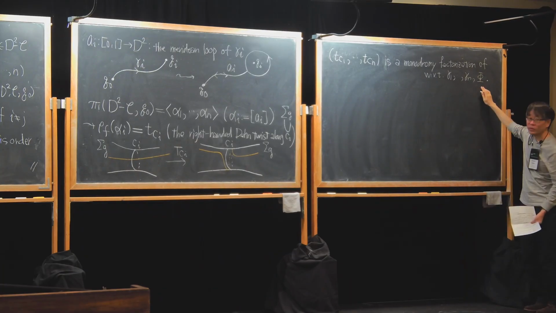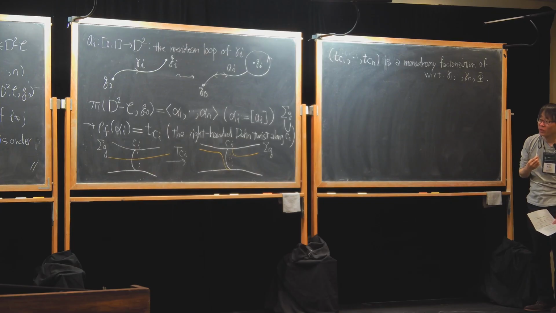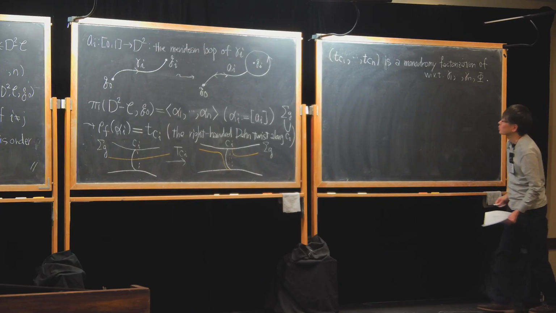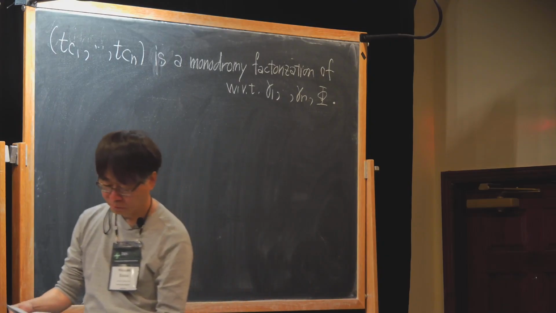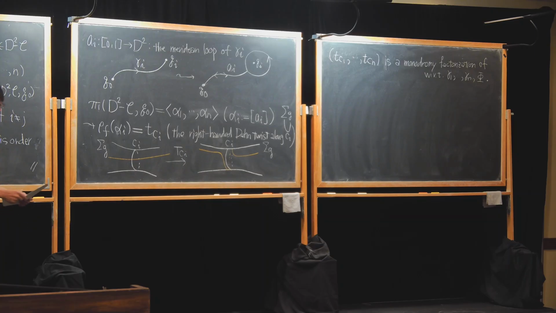So this is the identification of the model surface sigma g with the regular fiber over Q0. Okay. So this is the definition of monodromy factorization.